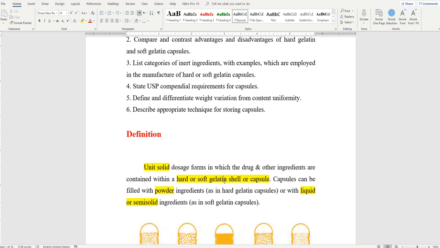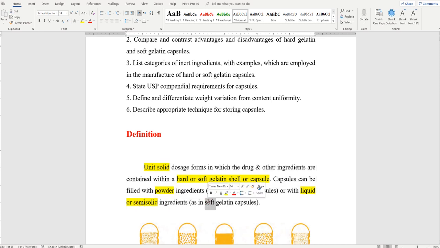Now these capsules can be filled commonly with powder ingredients, especially for hard gelatin capsules, or it can be liquid or semi-solid in the case of soft gelatin capsules.